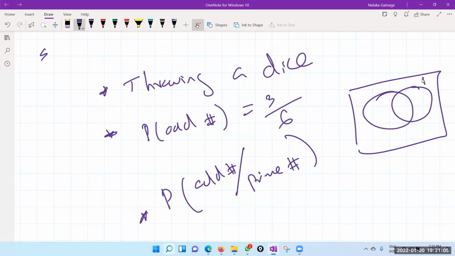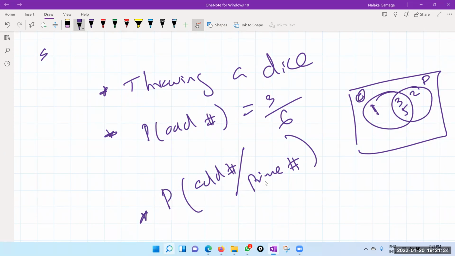This is getting a prime number, and this is getting an odd number. Both odd and prime are 3, 5. Odd numbers are 1, 3, 5, because 1 is odd. Prime numbers are 2, 3, 5, because 2 is also a prime number.